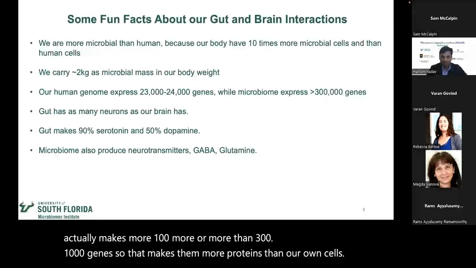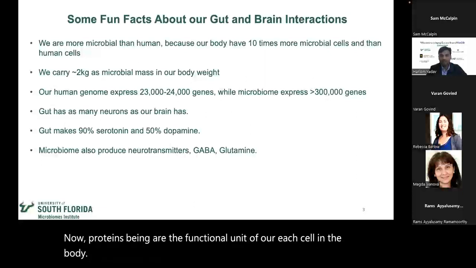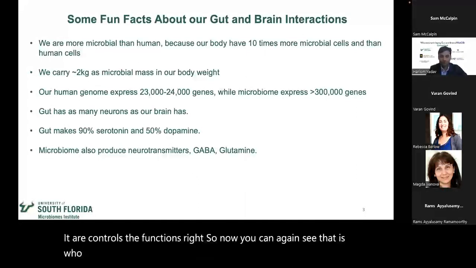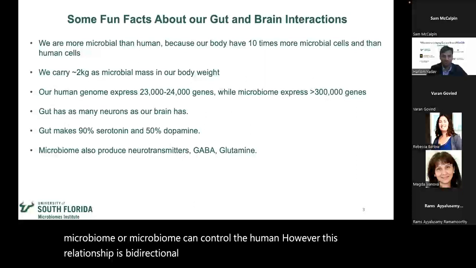Now, proteins are the functional unit of each cell and the body; they control the functions, right? So now you can again see who can control whom, whether the humans can control the microbiome or the microbiome can control the human. However, this relationship is bidirectional, but you can see who can hijack which system, right?